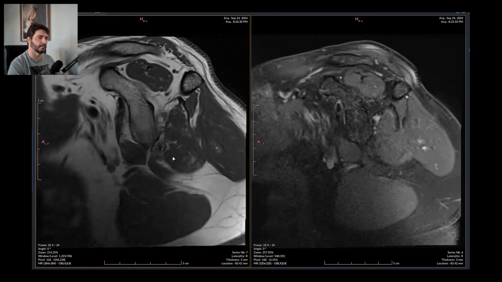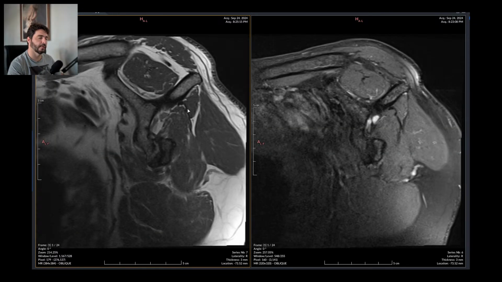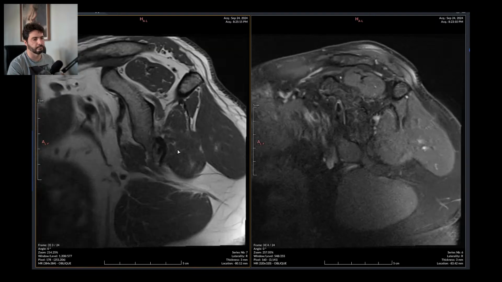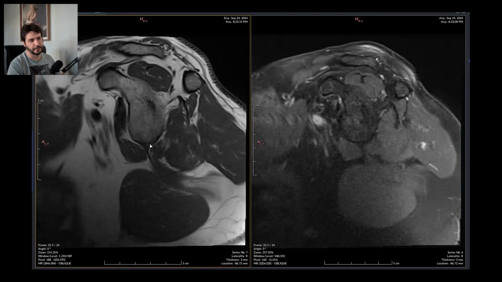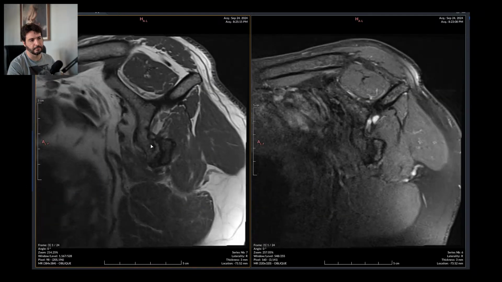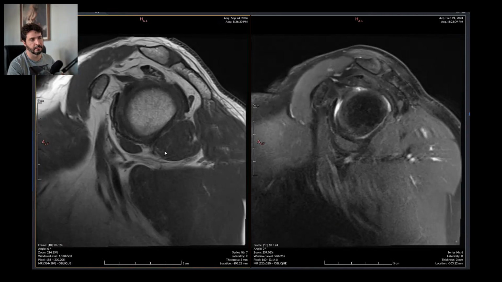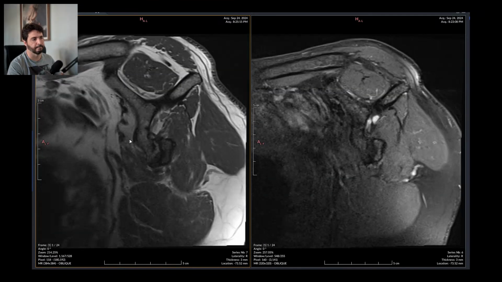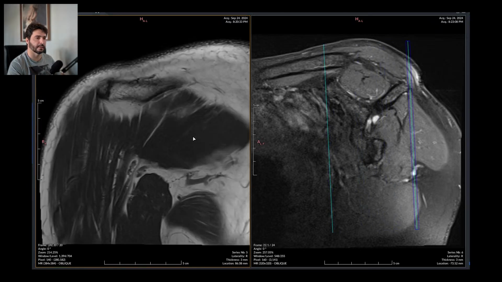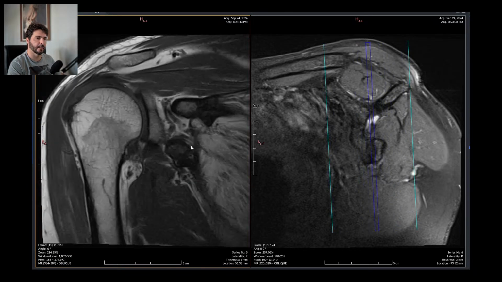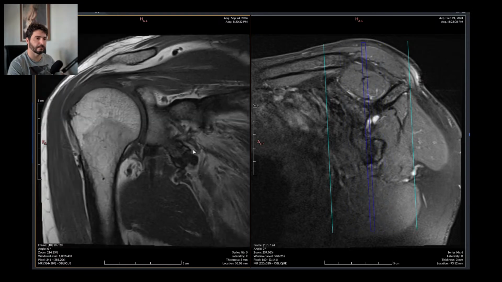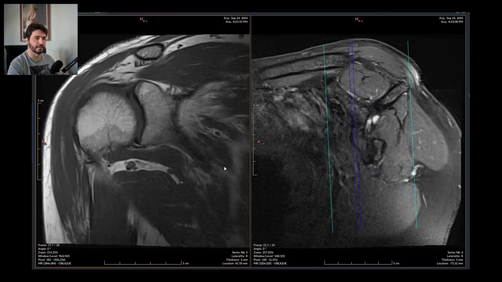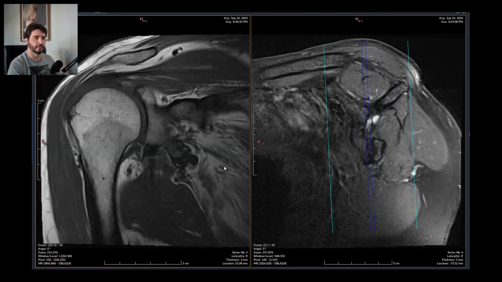Also, there are some signs of vicious ossification. Maybe this is an old fracture right there on the body of the scapula. Yes, there are some irregularities right there. These are old fractures for sure.